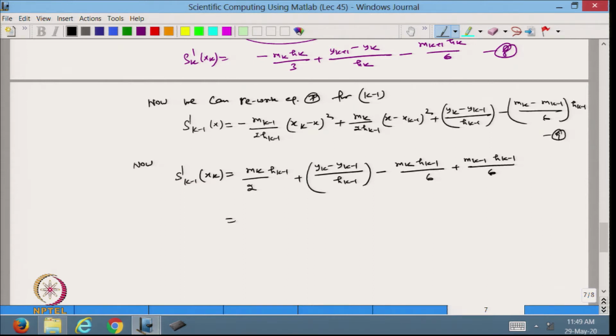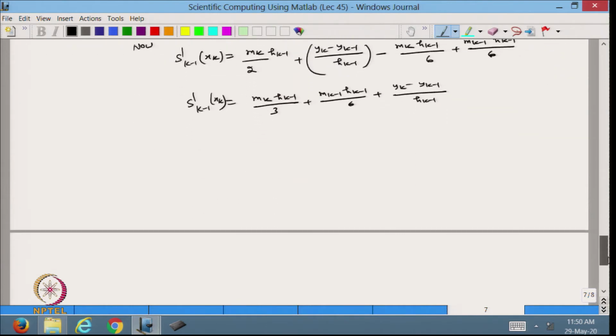So this expression can be written as mk hk minus 1, and this term I can take together. So this is half minus 6, so this can be written as mk hk minus 1 by 3 plus mk minus 1 hk minus 1 by 6 plus yk minus 1 by hk minus 1. So that is s dash k minus 1 at xk.